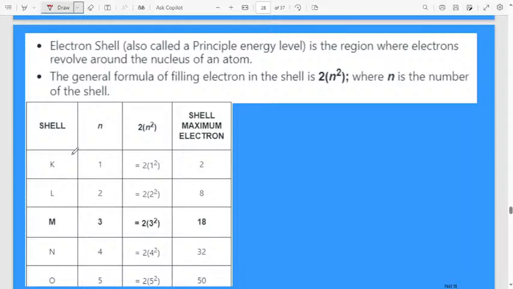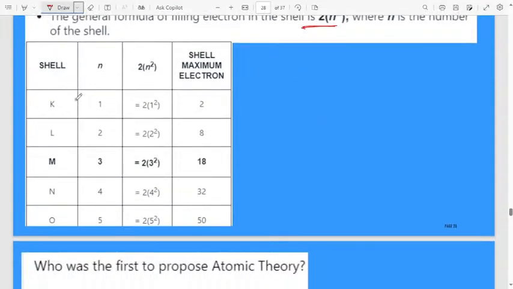Electron shell, also called a principal energy level, is the region where electrons revolve around the nucleus of an atom. The general formula for filling electrons, we will use the formula 2n square, where n is the number of the shell. When n is equal to 1, K shell, maximum number of electrons is 2.